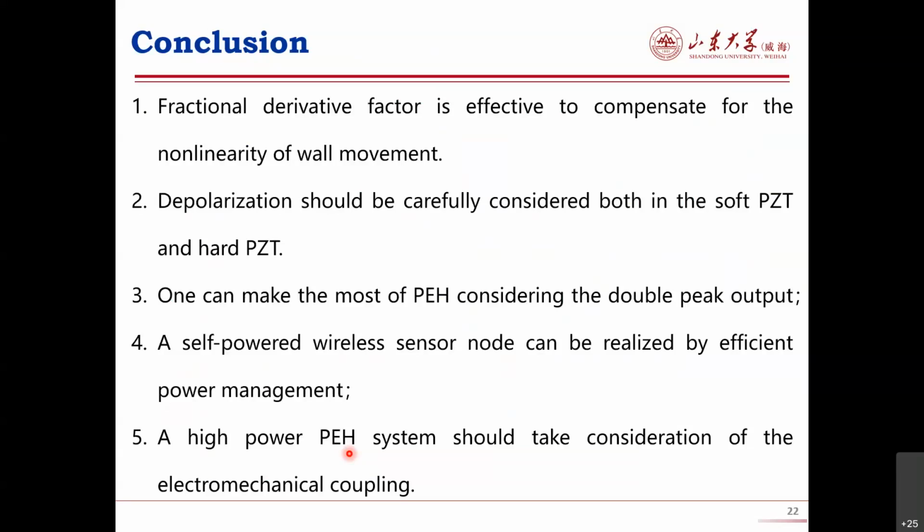However, it's difficult to extract the electric charge from the piezo ceramic because of its high resistance and small capacitance. So when we use interface circuits, we should carefully consider this electromechanical coupling so that we can get a better interface circuit.